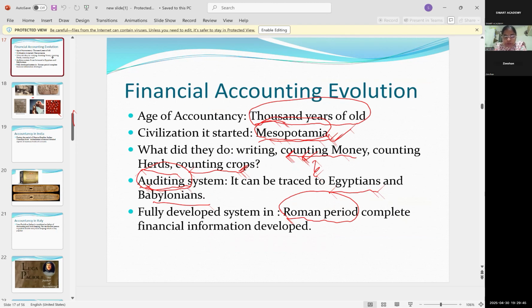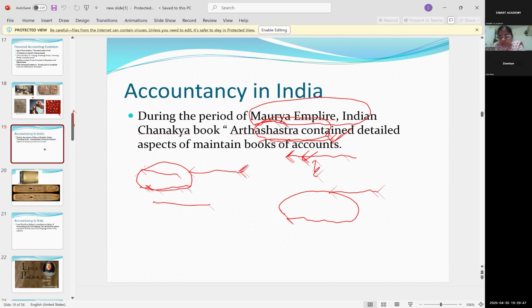Now coming back to India, how did we develop? That was in Rome. Now in India, when did it start? In India, we started in the Mauryan Empire. In the Mauryan period, Chanakya was the person. He used to work as a minister. He wrote a book called Arthashastra.